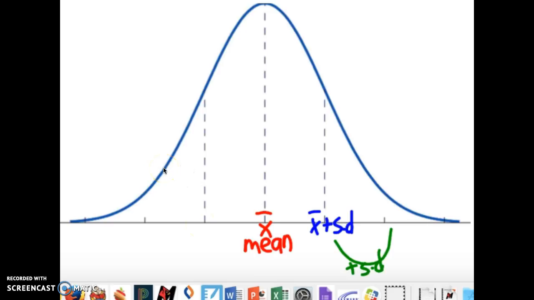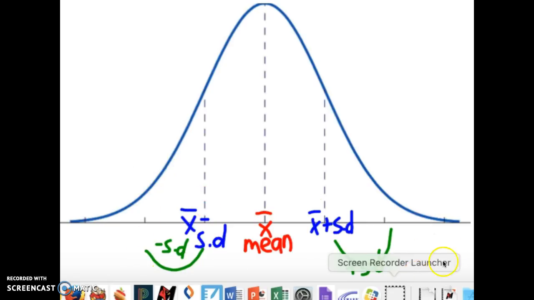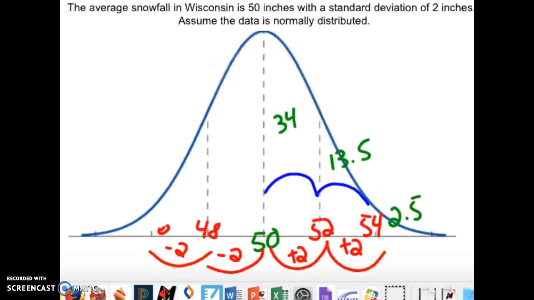So this would be the mean minus our standard deviation, and then we would take that value and subtract the standard deviation away again. So that when we're done, we have a list of numbers down here on the bottom. And we'll do a quick example of that on this next slide.